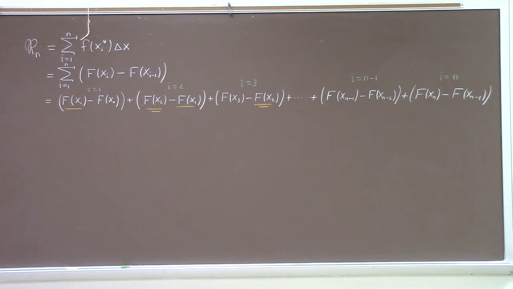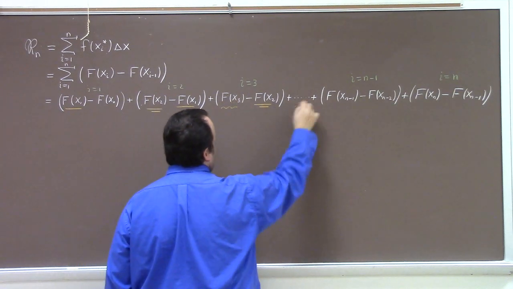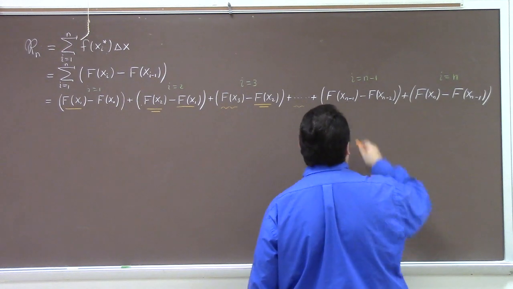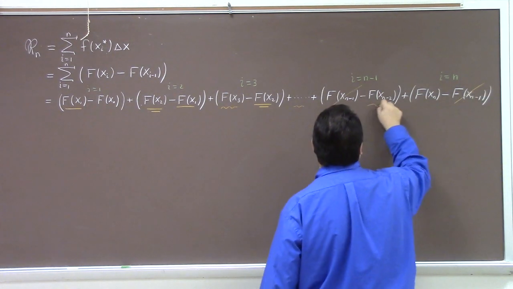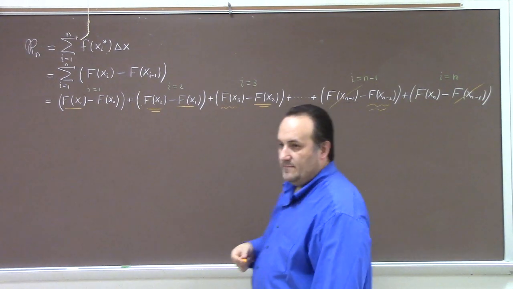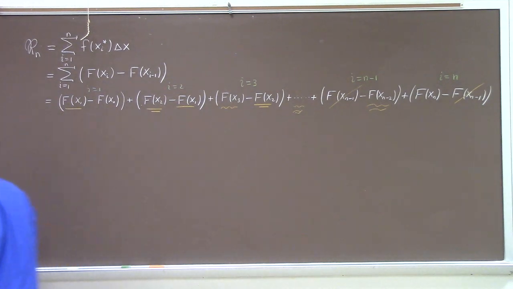There's an x2 that would be there if I kept writing that cancels, I mean, there's an x3 and the next thing I haven't written which cancels. So would you eventually just get an f initial plus f final? Something like that. So this guy cancels with this guy, right? And this one cancels with something I haven't written here. So you're right, there's only two things that remain. Just two things.